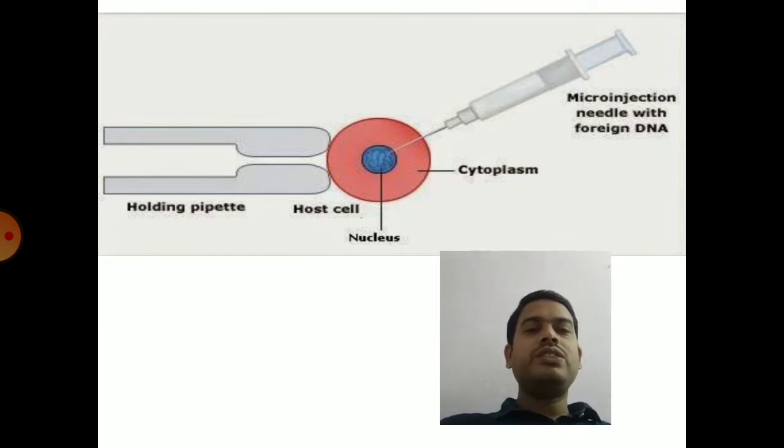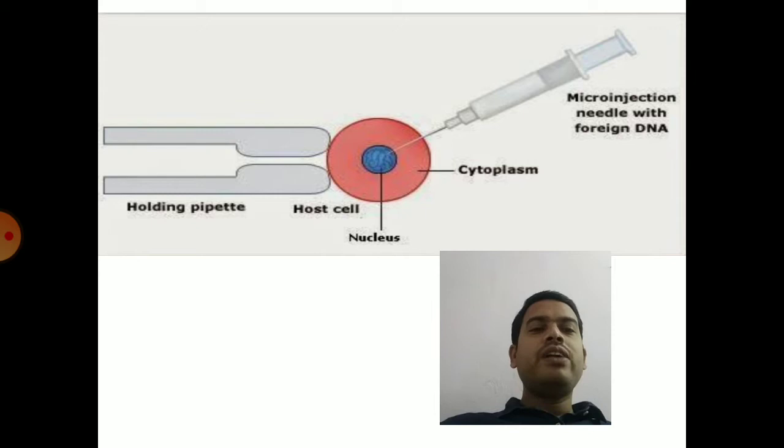You can see the host cell. The host cell contains the nucleus. The host cell is held with the help of a holding pipette. So that is suction of a pipette at the tip of micropipette. You can hold the host cell.